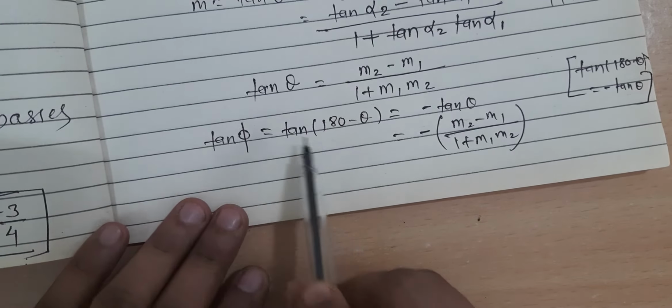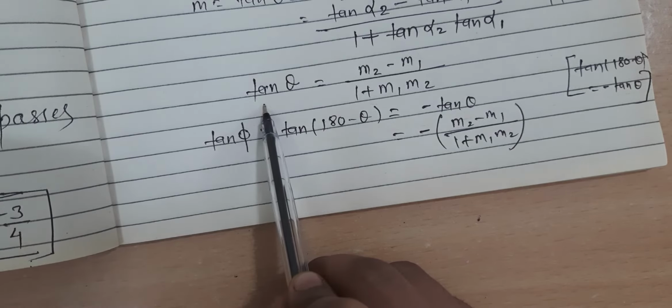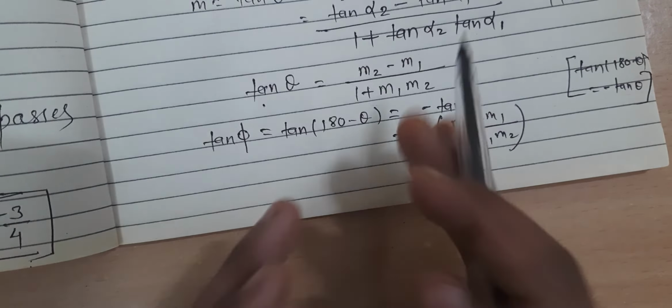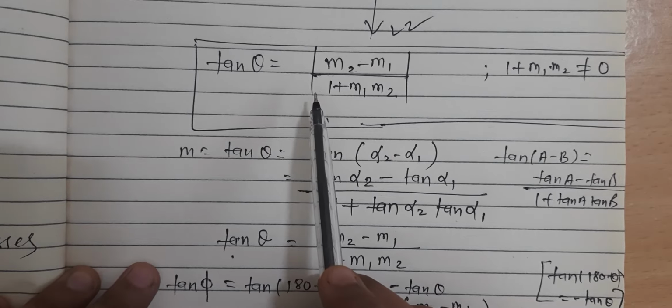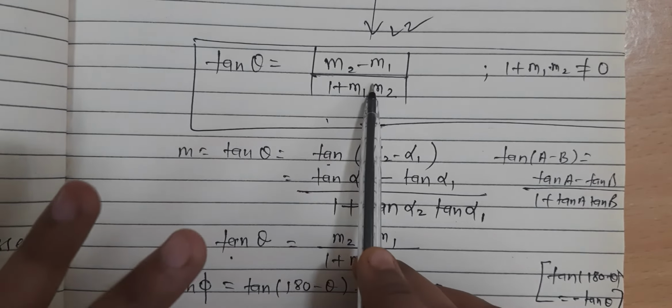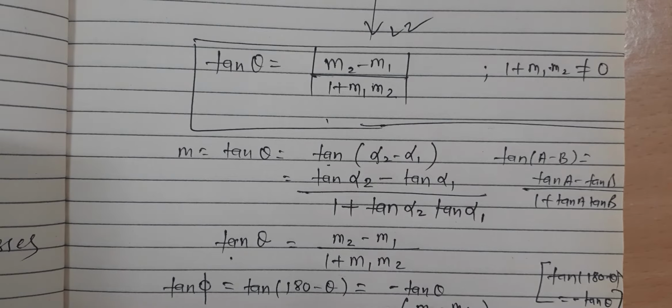So this is the acute angle between the lines, and this is the obtuse angle. That is why we put mod. This is the acute angle theta between lines L1 and L2 with slopes m1 and m2. So we use this formula to find the angle between two lines whose slopes are given. Now see how to solve the questions.